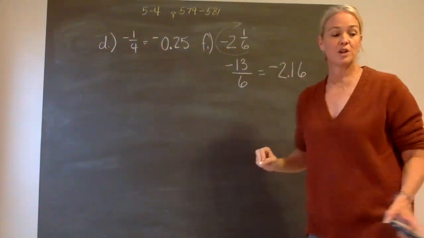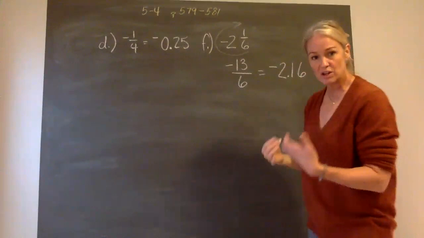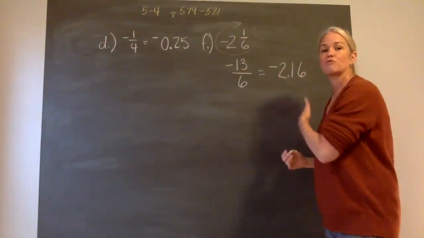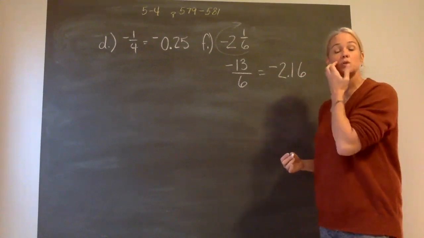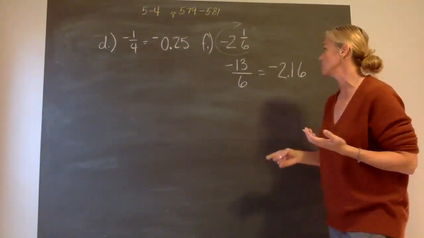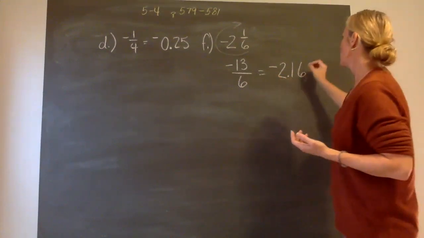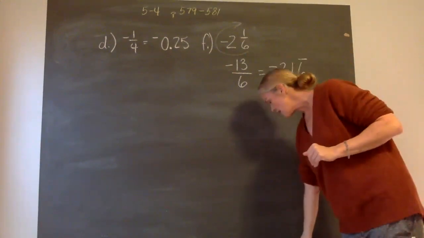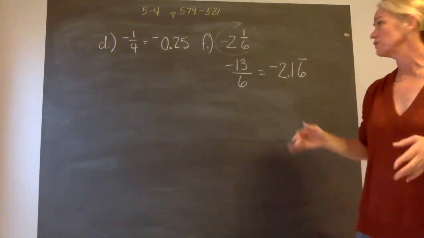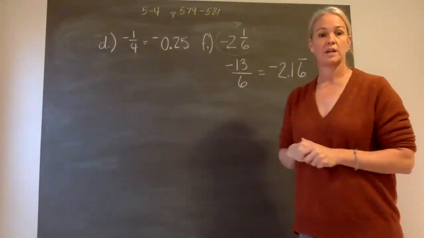We also have to remember that the ending 7 on the calculator just means they rounded that final digit from a 6 up to a 7. So this is still a repeating decimal: negative 2.16 with a repeating 6. That is the decimal equivalent of negative 2 and 1/6.